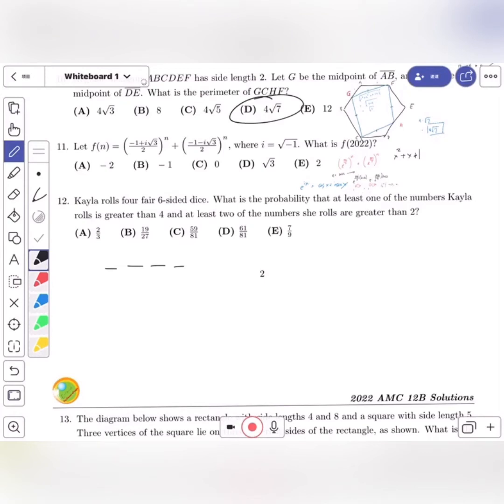Well, basically we can just choose any number that is greater than 4. Now, what's the probability that none of the numbers Kayla rolls is greater than 4?